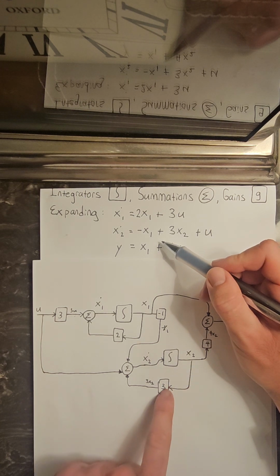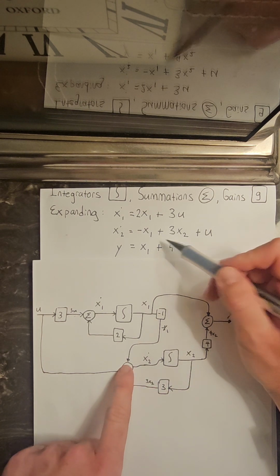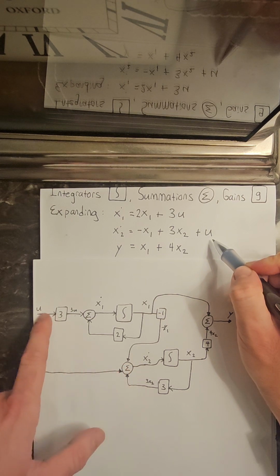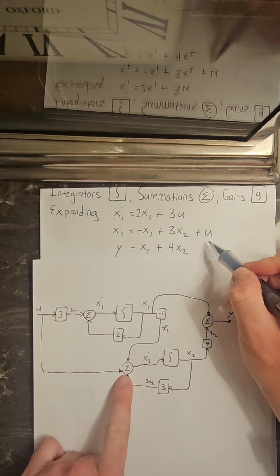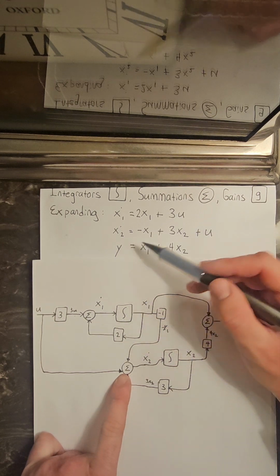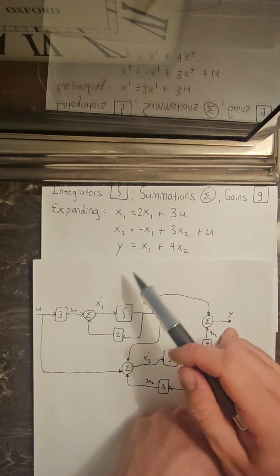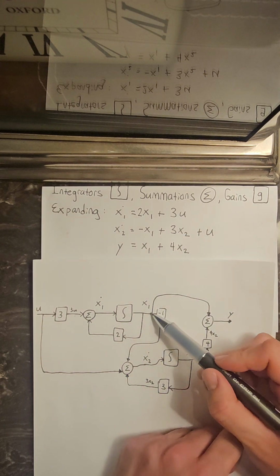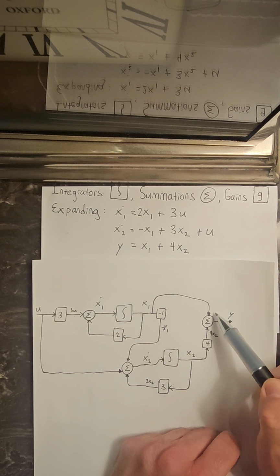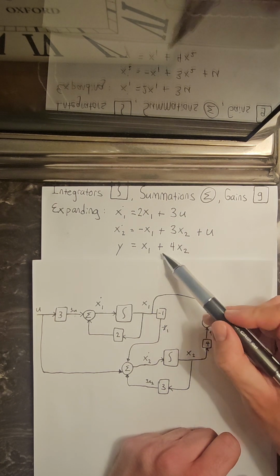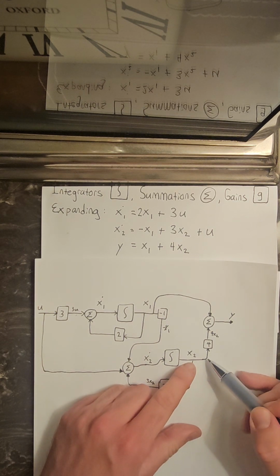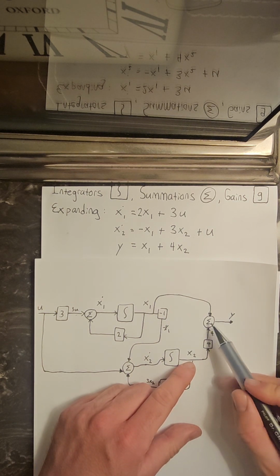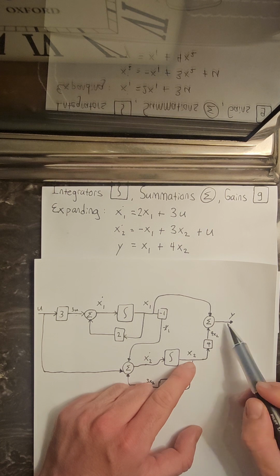So x2 is over here, 3 times x2 into the sum, plus u, which we tapped directly and fed into the sum. And then y over here is equal to x1. So we just tapped this, fed it directly into the sum, plus 4 times x2. So we tapped the x2 node times 4, and the output is y.